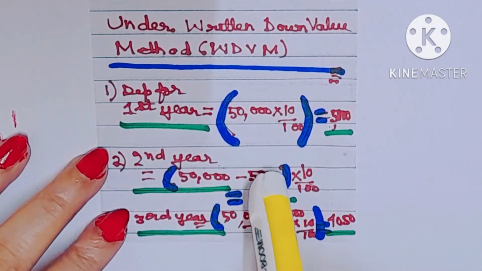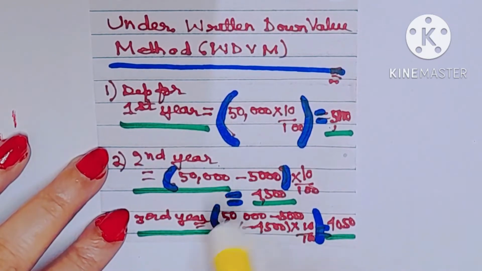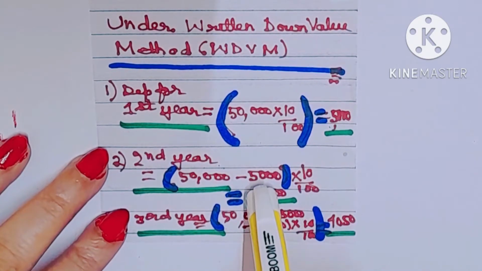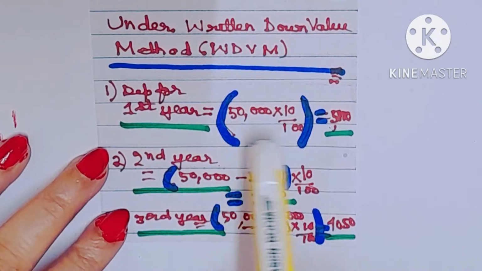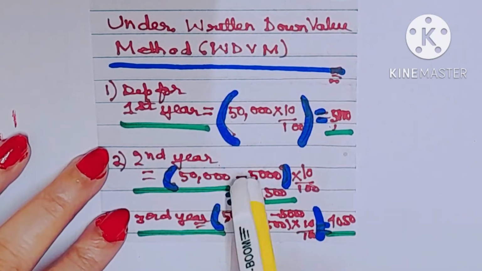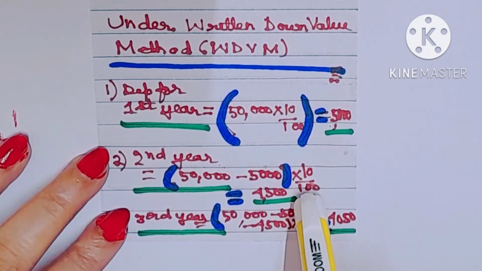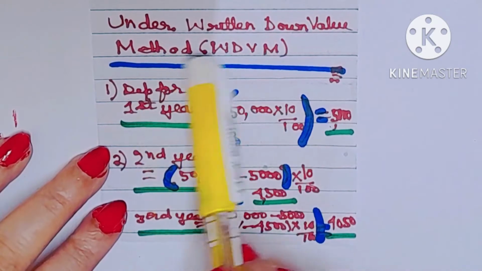This 45,000 is your book value. Understood? For the second year, the book value is 45,000. What is book value? The original cost minus depreciation for the first year. So 10% of 45,000 is equal to 4,500. So this is the depreciation in the second year under the written down value method.